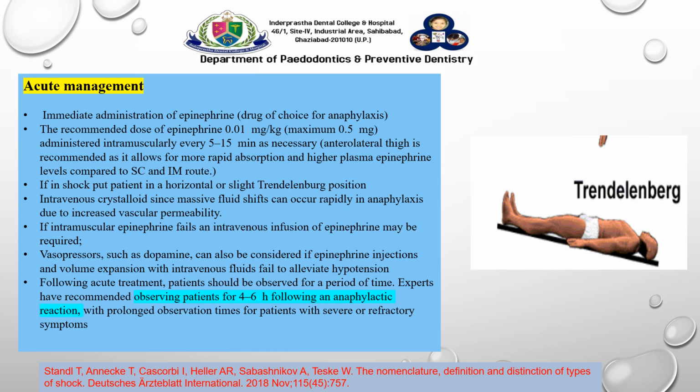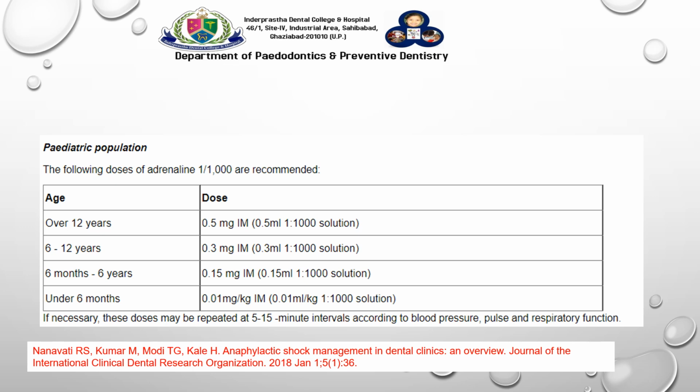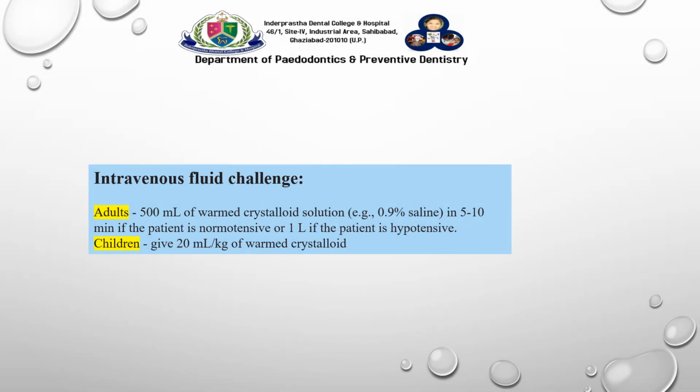Following acute treatment, the patient should be observed for a period of time, about 4 to 6 hours. These are the recommended doses of epinephrine. Since in anaphylactic shock the patient experiences hypotension, there is a need to administer intravenous fluid.